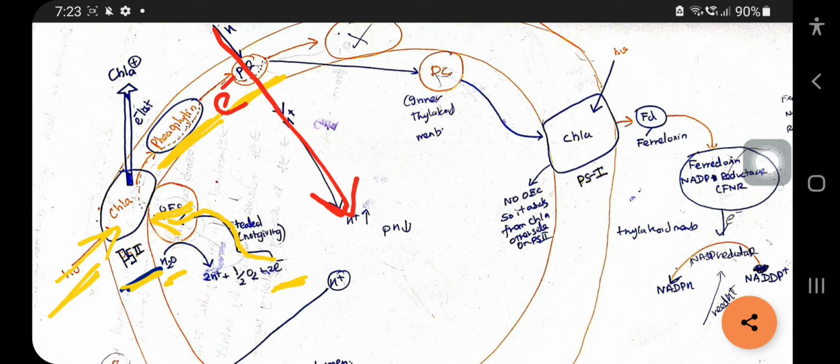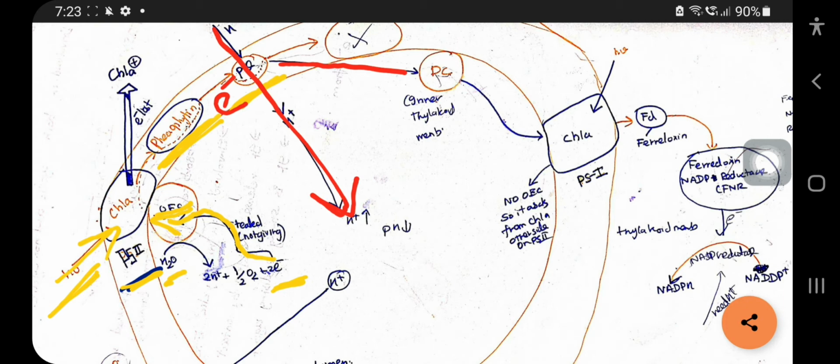For every electron transferring, it will transport the H plus from the stroma side into the lumen side.